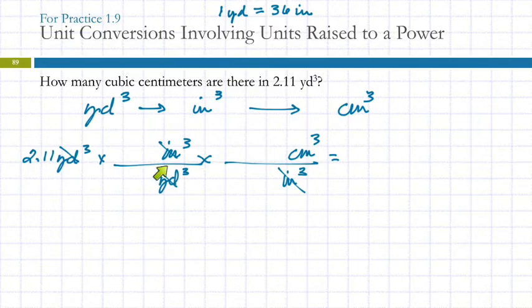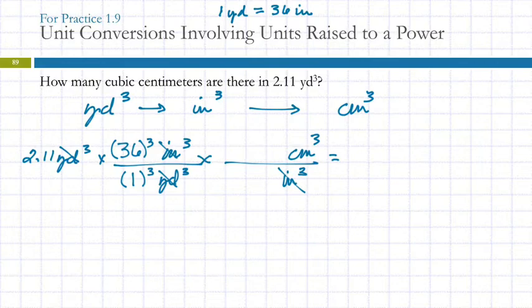So the relationship between inches and yards we have written up here. 1 yard is 36 inches. 1 yard is 36 inches. But a cubic yard is not 36 cubic inches. We have to cube the numbers also. So this is going to be cubed, and this is going to be cubed.